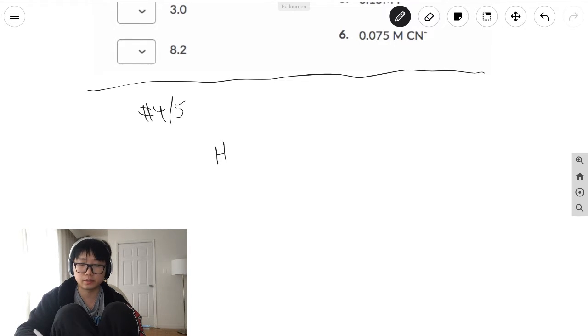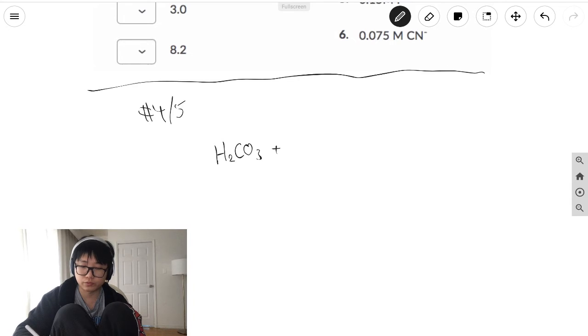Never really seen that. H2CO3, because CO3 is a 2 minus, so when you bring the 2 down, you get 2. Do I deprotonate just once? Technically, yes, twice. But the second one isn't really going to contribute much. I think just doing it once is going to get you close enough to the answer. The second deprotonation is so little, it contributes very little to the pH.